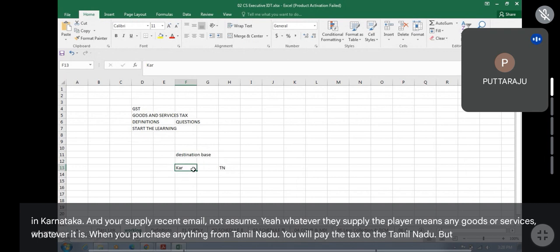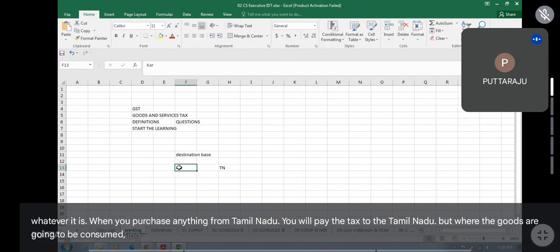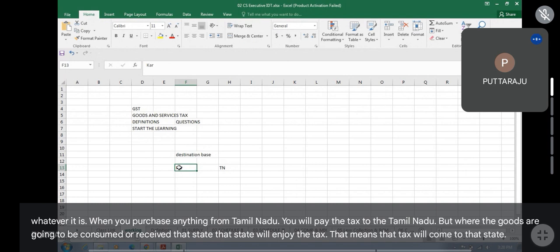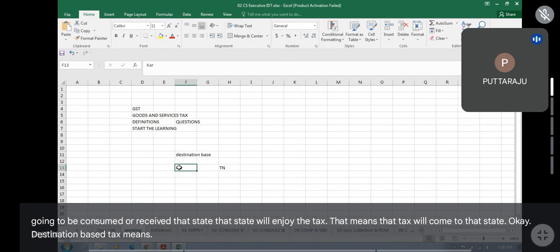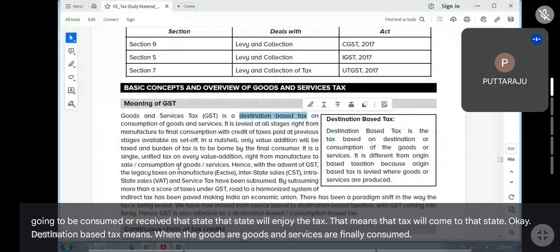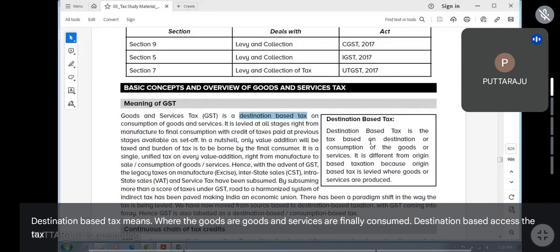But the state where the goods are going to be consumed or received will enjoy the tax. That means that tax will come to that state. Destination based tax means the tax is based on the destination or consumption of goods or services.